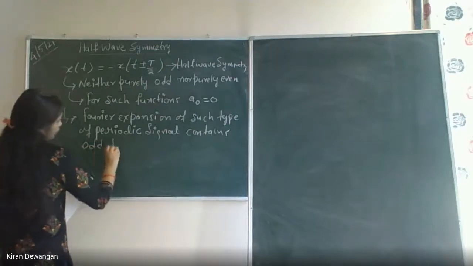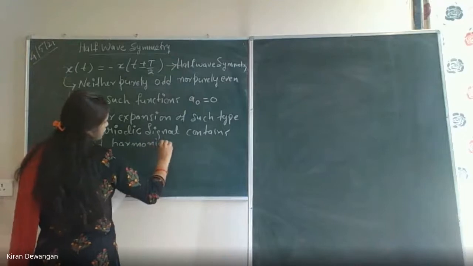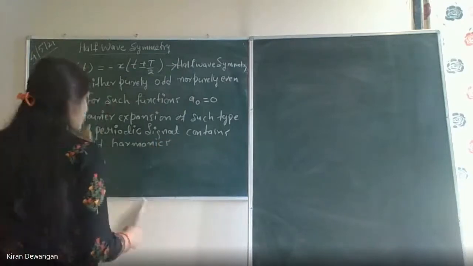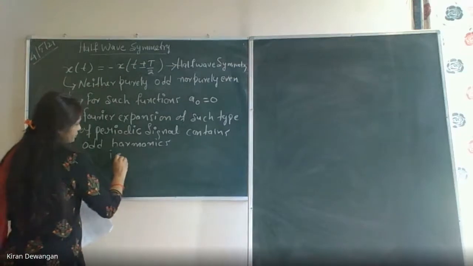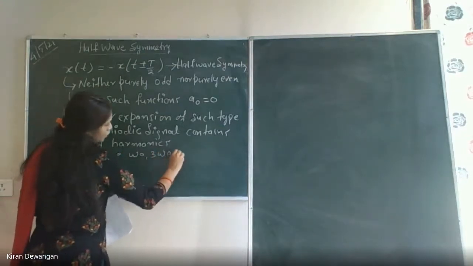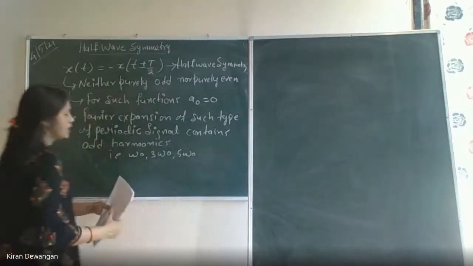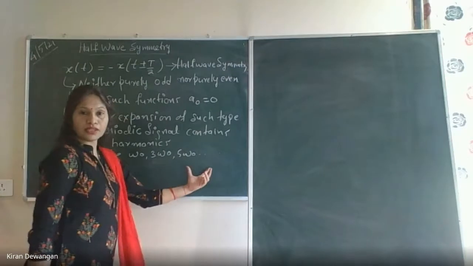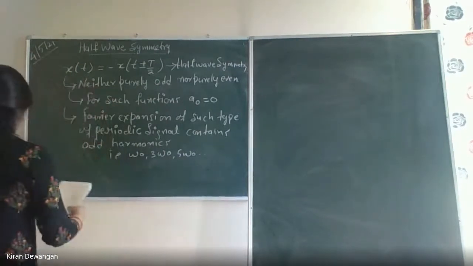That is what we have studied. It contains only odd harmonics, that is omega naught term, 3 omega naught term, 5 omega naught term, and so on. So these are the odd harmonics. So that is what we need to remember.